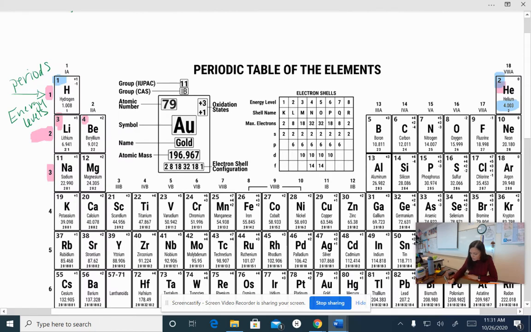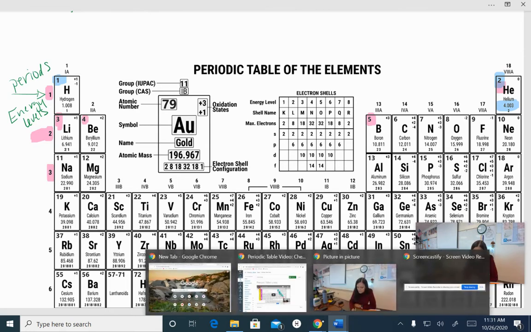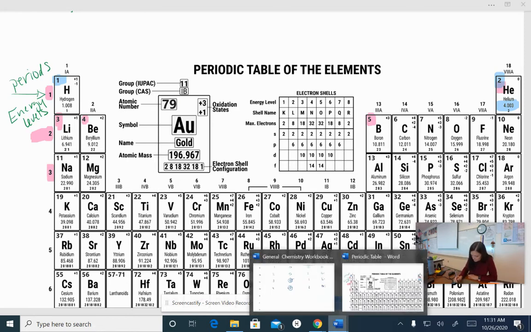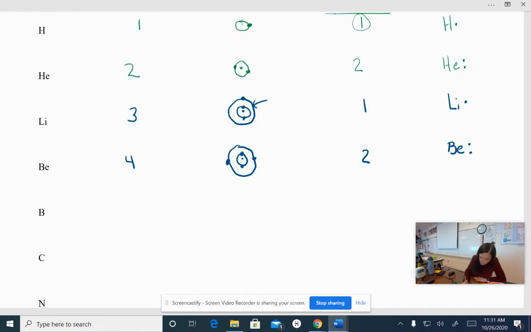Okay, let's go on to boron. So if I look at boron, I now have 5 electrons, but I'm still in that second energy level. So that 5th electron is going to go on the second energy level.